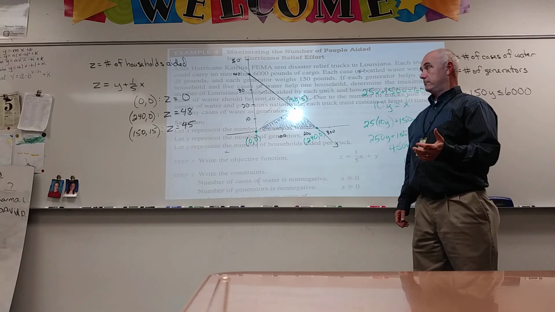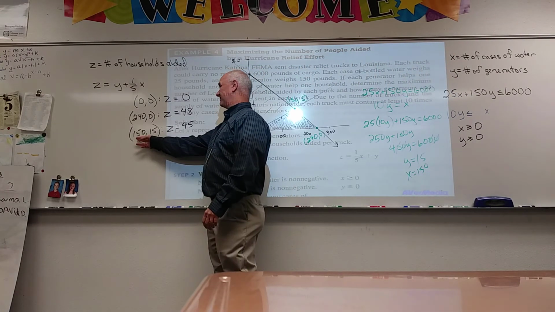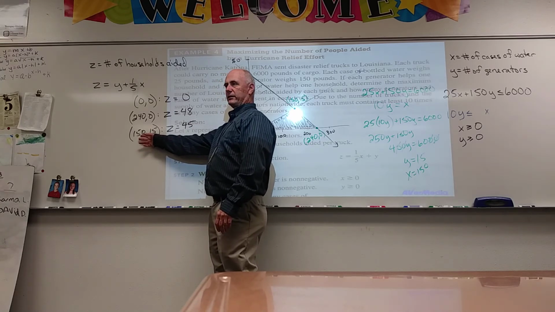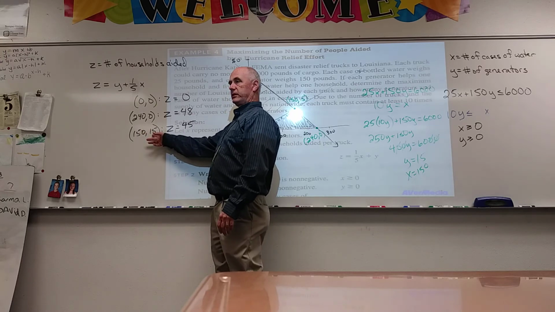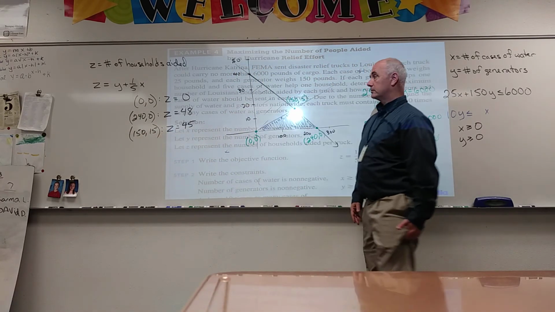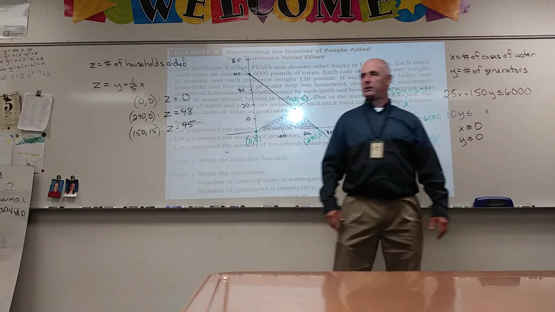Now we only get 30. We plug in 150, 15. 150 would give us just a little bit less than 20, like 19, and 15 would give us 34. And now this 150, 15 becomes our better answer.